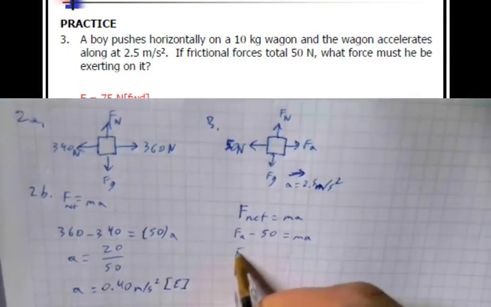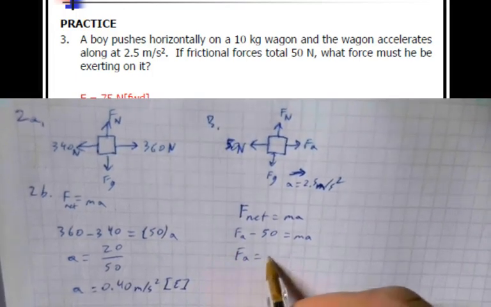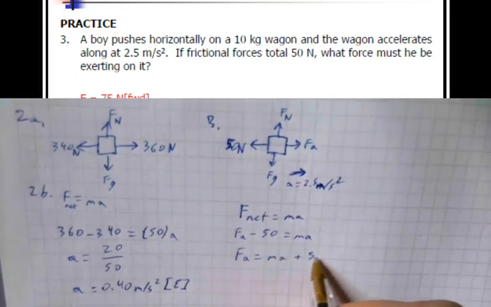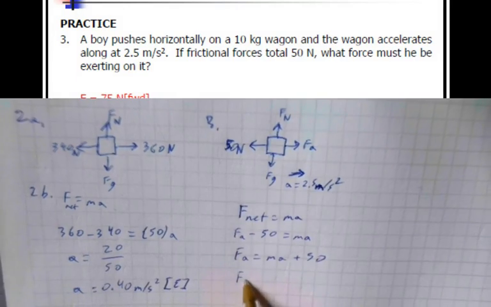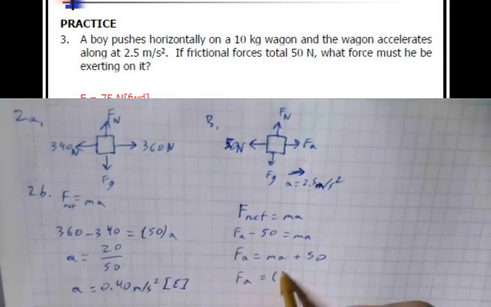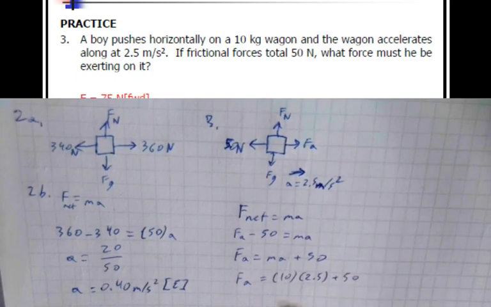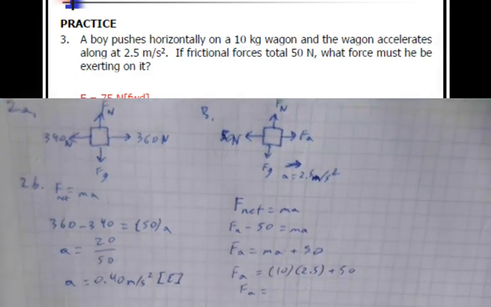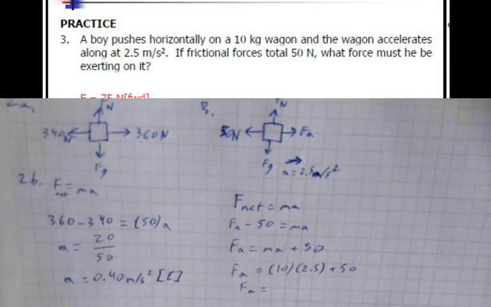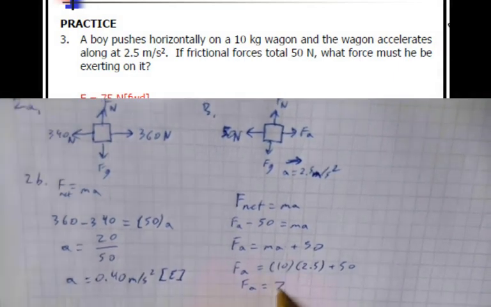So FA is MA plus 50. M is 10, A is 2.5. So FA would be 25 plus 50. It's going to be 75 newtons.